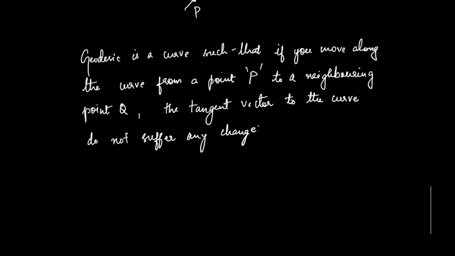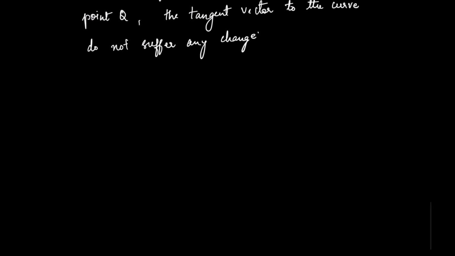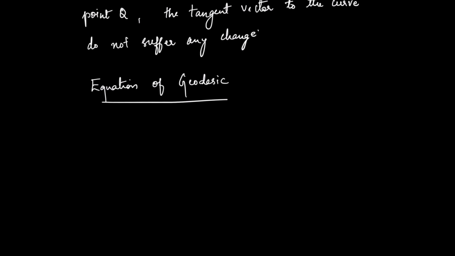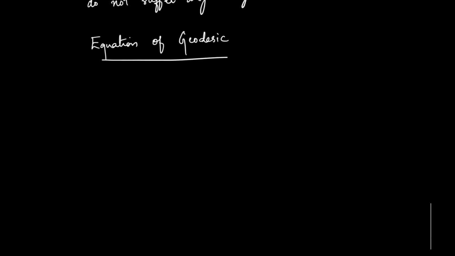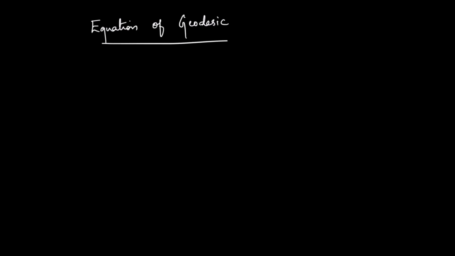Then we have to derive the equation for such a geodesic, right? So next we shall derive the equation of the geodesic. For that, we have to consider a curve x mu which is parameterized by a parameter s.